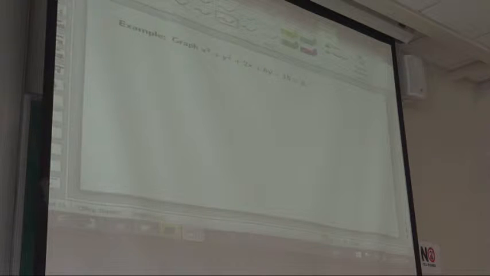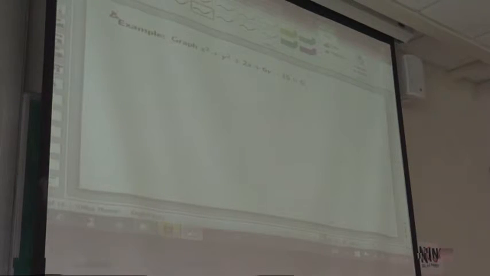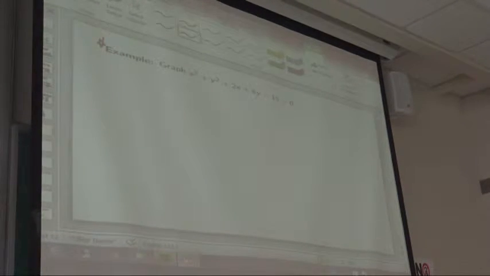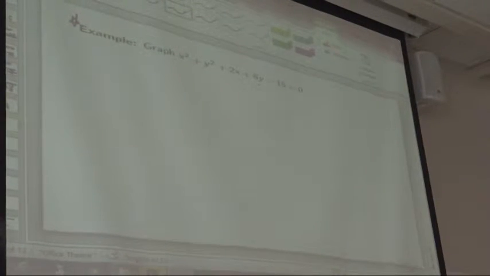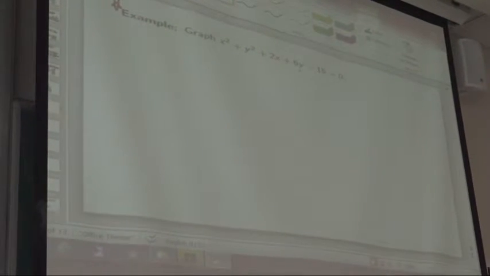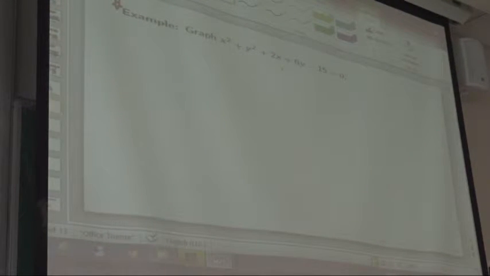because this is important, the equation is x squared plus y squared plus 2x plus 6y minus 15 equals 0. Well, it looks somewhat weird, and you may have no idea what this is or what we have to do.